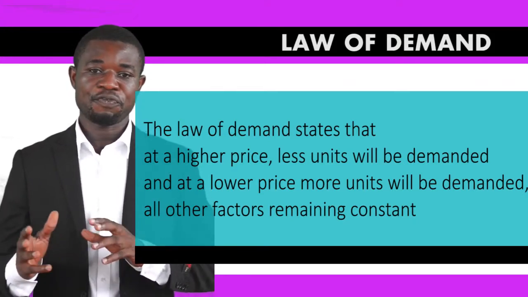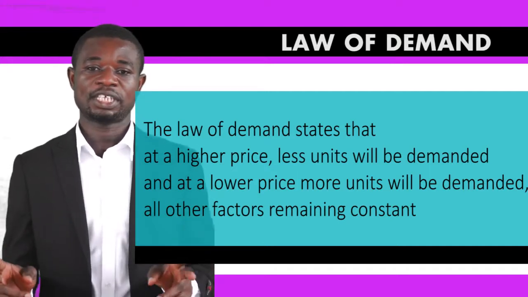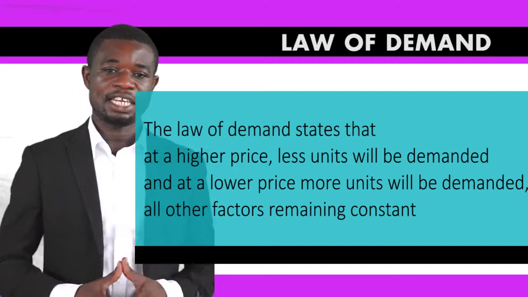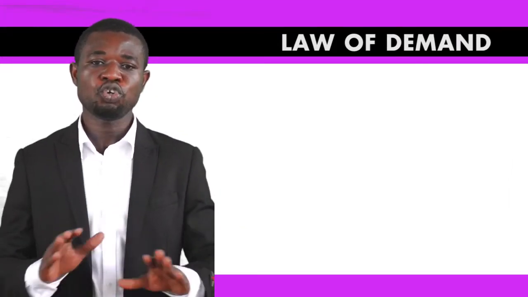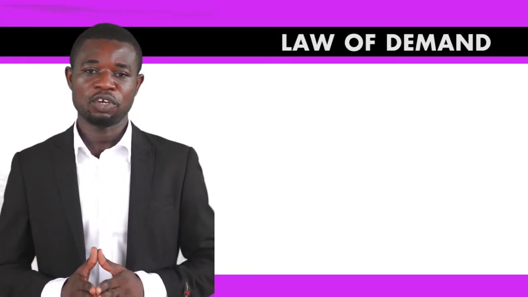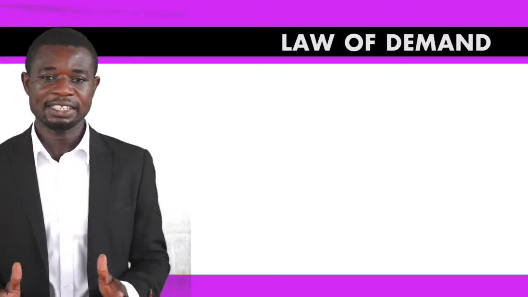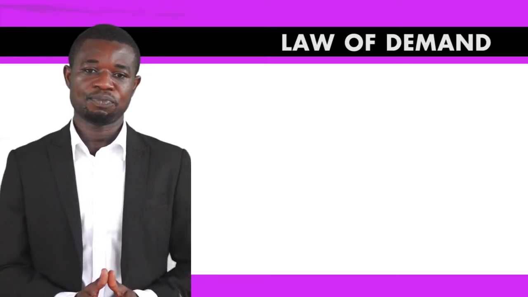So when we are referring to the law of demand, we are interested in only two variables: the price of the commodity itself and the quantity demanded of the commodity. Other factors that affect demand do not come into play. We don't consider them. We only look at the relationship between the price of the commodity itself and the quantity demanded of the commodity.